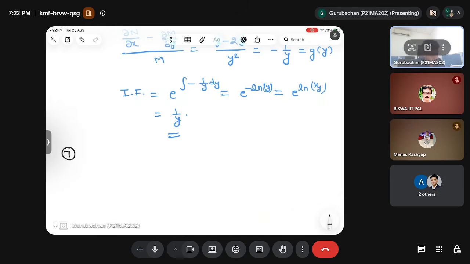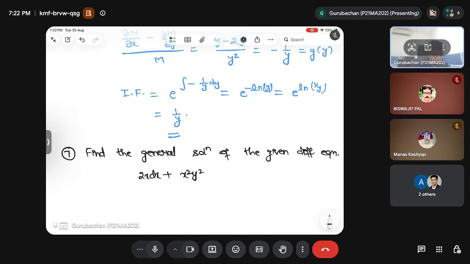Question number 7. Find the general solution of the given differential equation: 2x dx plus (x square plus y square plus 2y) dy.